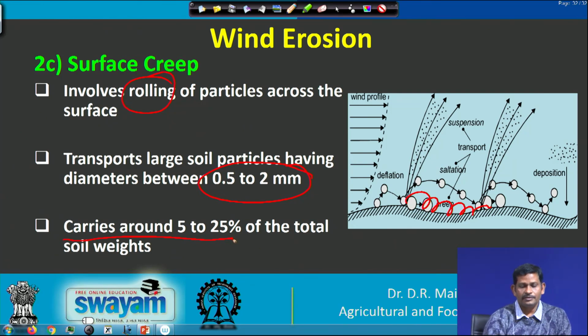It carries around 5 to 25% of total soil waste. Saltation is about 50 to 75%, and suspension is around 3 to 40%. So, it's all balanced almost.